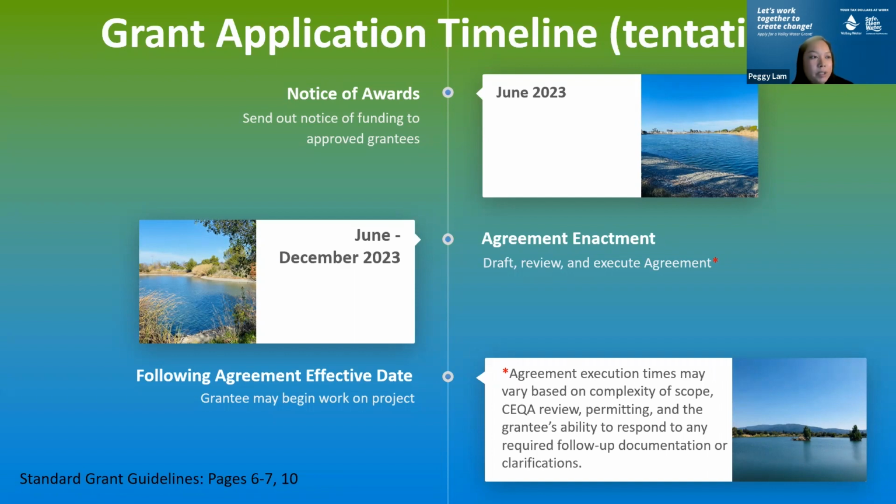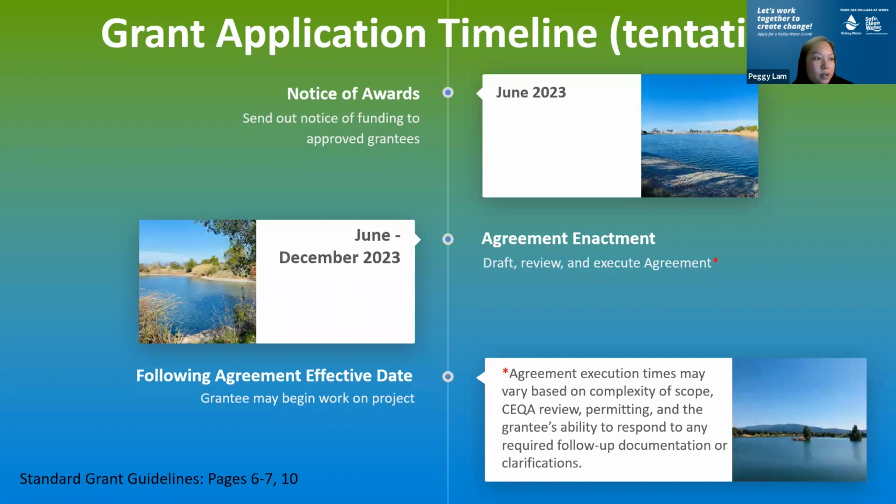And depending on if you were partially funded or fully awarded, we'll need to work on resizing your scope so that it matches the funding that you were awarded. But we would do that in or around between June to December 2023.